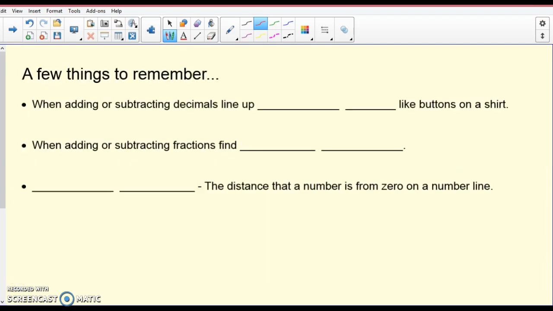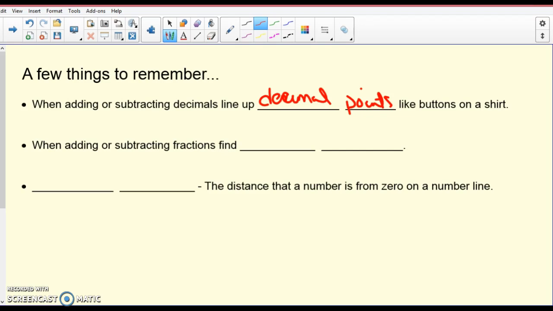So, things to remember. When adding or subtracting decimals, line up the decimal points. When adding or subtracting fractions, you need to what?